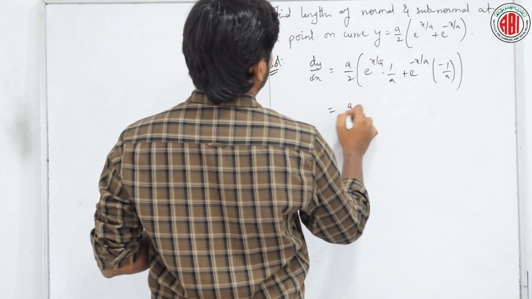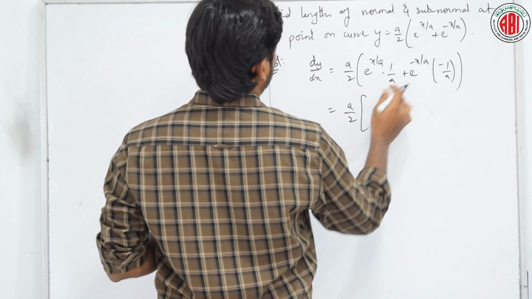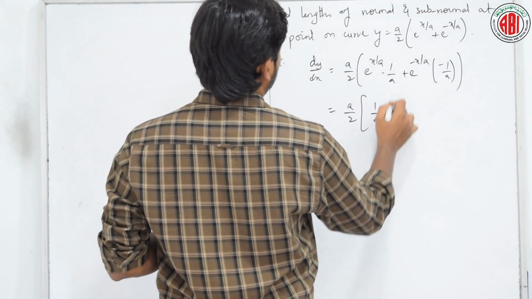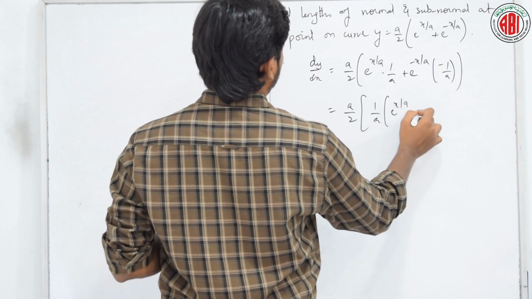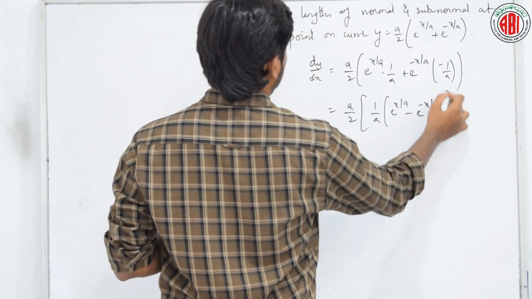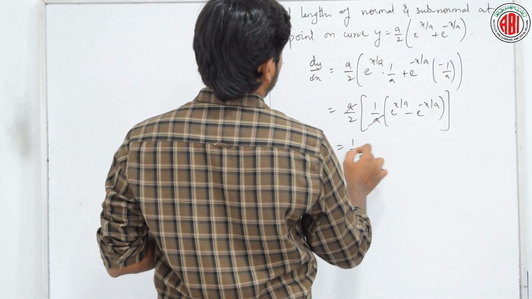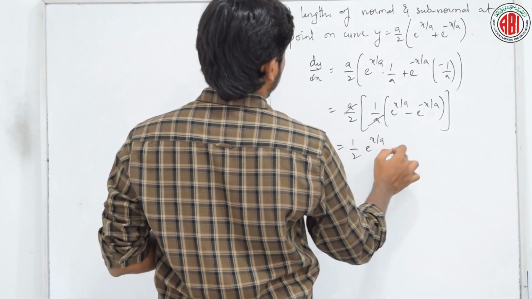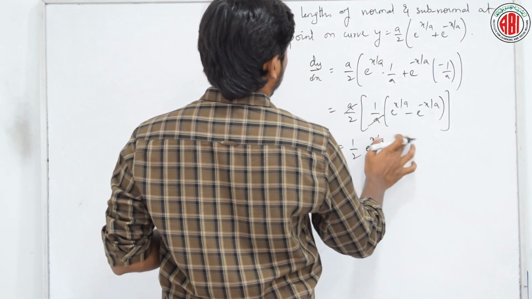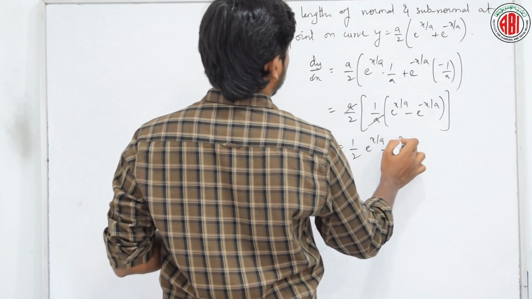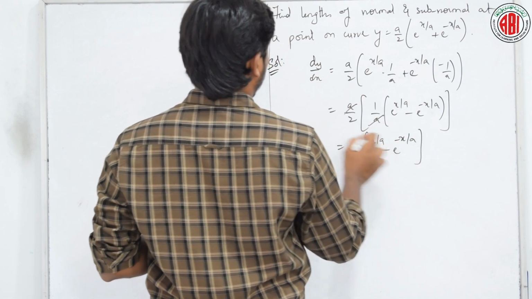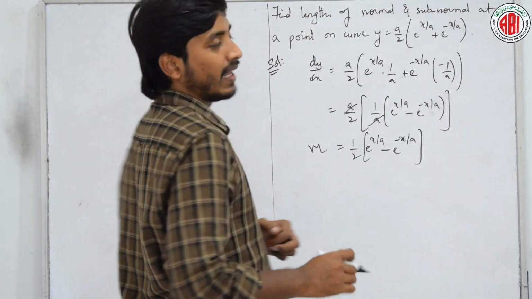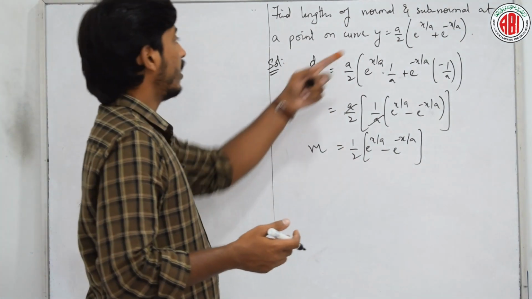Is it? Therefore a by 2 into, taking 1 by a common, e power x by a minus e power minus x by a. The a will get cancelled, that will be half of e power x by a minus e power minus x by a. This is my m, which is the differentiation of the given curve.